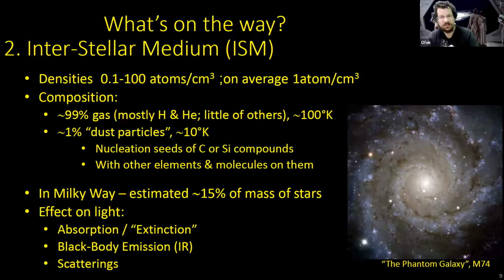If you want a comparison, for a typical gas on Earth, you would measure densities in Avogadro's number, right? The 10 to the 23 atoms per what's called a mole of matter. So you'd have about 20 or more orders of magnitude of density higher even in the air that you breathe compared to the interstellar medium density.